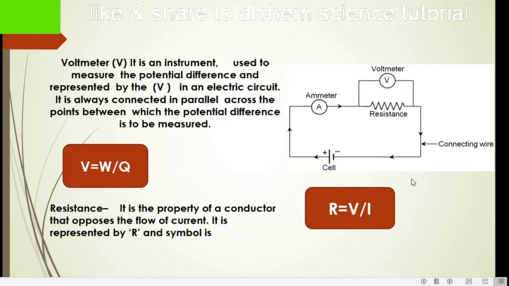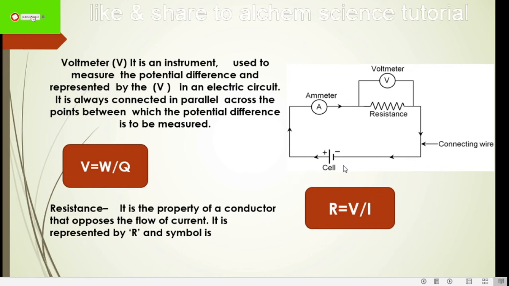Right now, one of the important and unique topics is the voltmeter. Voltmeter is a type of instrument that is used to measure the potential difference in any electrical circuit.